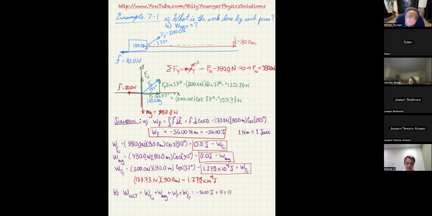So now I've taken into account the Fn and the mg, and then I'm also going to take into account plus 1.278 times 10 to the fourth joules, and that should give me the total amount of work done. So I'll say negative 5,600 plus that, and that gives me 7,178 joules.